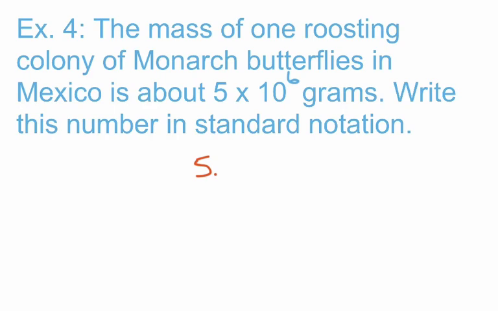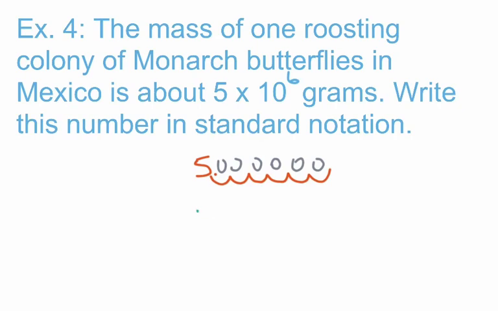That's going to give me a big number. So I'm going to make 6 ocean waves going to the right. And I'm going to fill in each of those ocean waves with a 0. Now my decimal is behind that last 0.